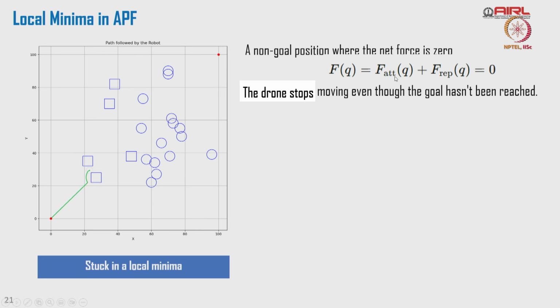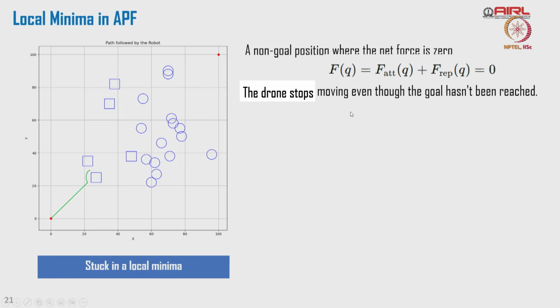I'll just give you a scenario where APF gets stuck in local minima, a non-goal position where the net force is 0. What I mean is, for a drone at a position Q, the net force Fq is F attractive plus F repulsive, which is equal to 0.